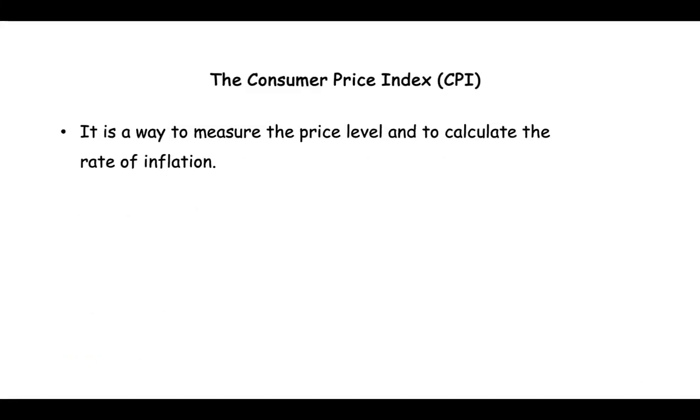So sometimes what we want is to focus on prices of only a subset of goods and services that are relevant to the average consumer in an economy. And that's what the consumer price index is going to be about. It's about what's going on when we look at a subset of goods that are relevant to the typical consumer in a society.